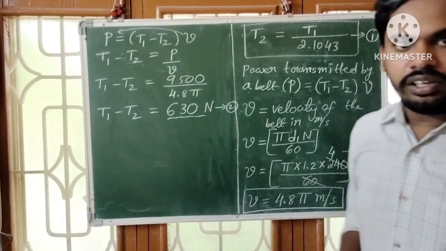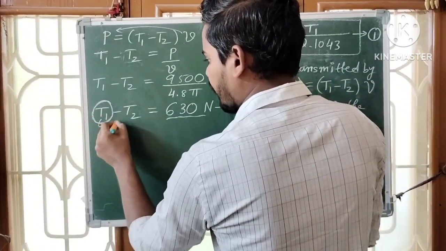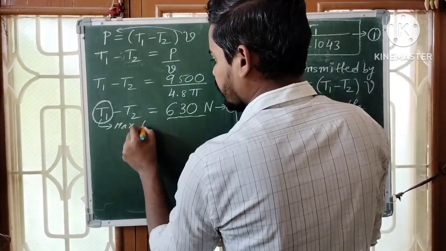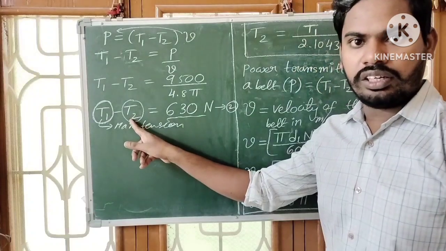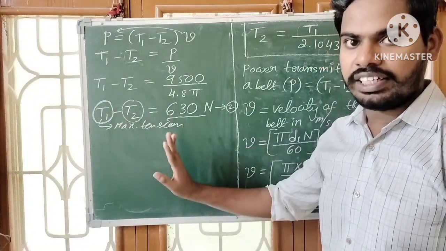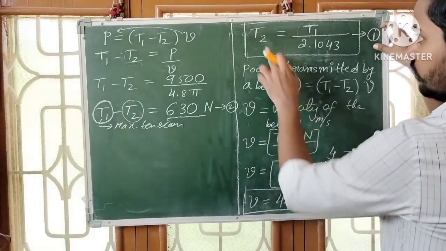Anyhow, here we need maximum tension T1. This is the maximum tension in the belt. So here we should eliminate T2. Then only we will get T1. So from equation 1, what is T2?